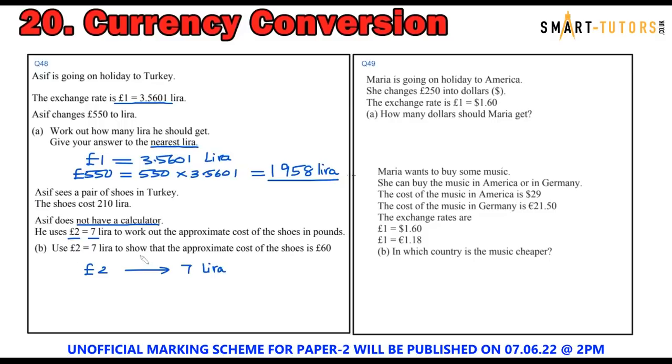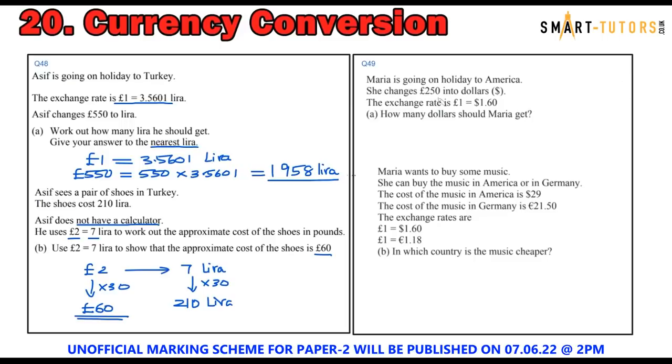So use this conversion and find out the approximate cost of the shoes is £60. They have already given the answer, but you need to prove it. So if it is 210 lira, the conversion is times by 30. 30 times 7 is 210. So you times by 30 here. 30 times 2 is £60, which is the answer for the question. Question number 49.